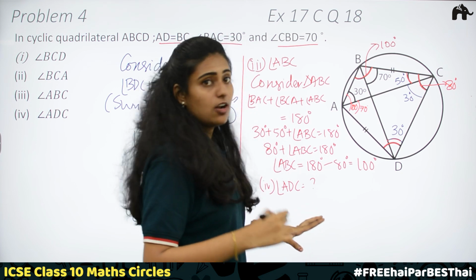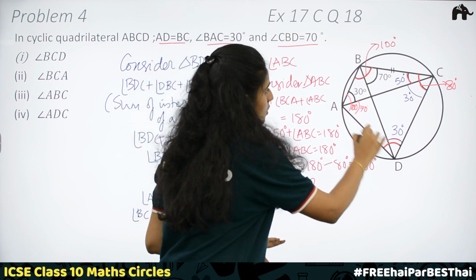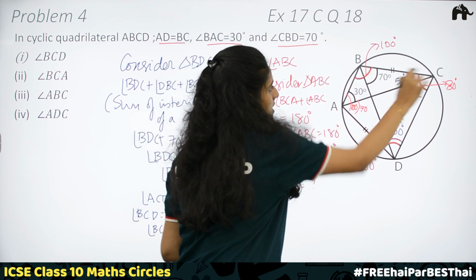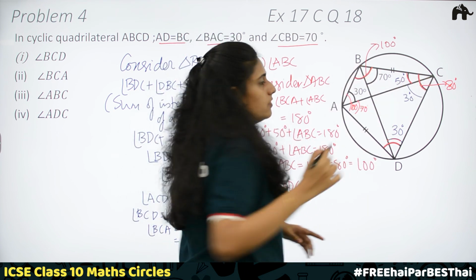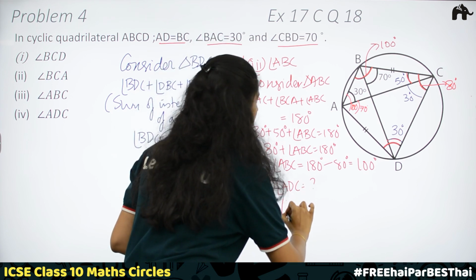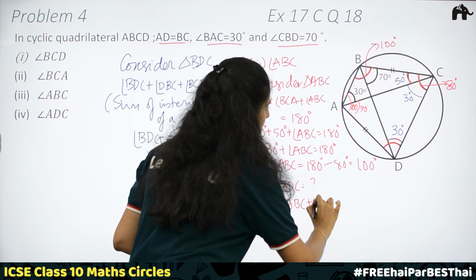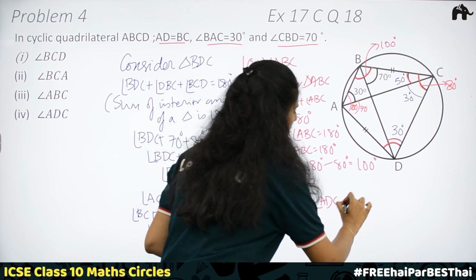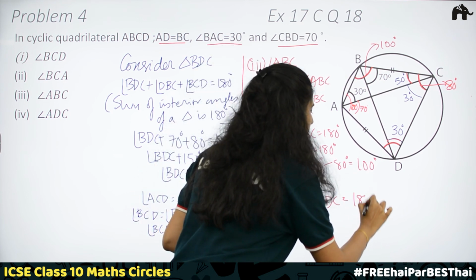ADC, we have already determined the value of ADC. Here, already we have ABC. Using that also we can find, that is angle ABC plus angle ADC will be equal to 180 degrees. What is the reason?